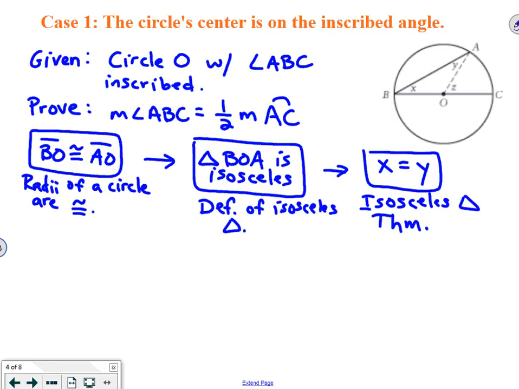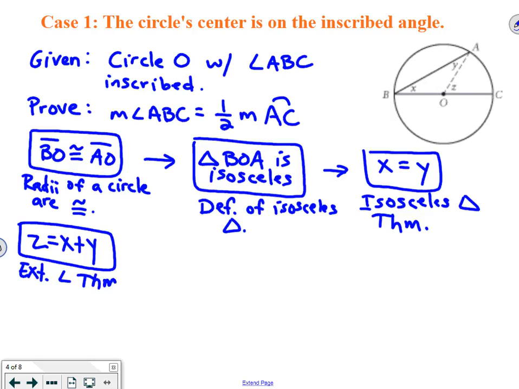Coming into the proof on its own, no arrows leading to it, we know that z is equal to x plus y by the exterior angle theorem. So now we're going to take this box and this box, and we're going to say z equals 2x.